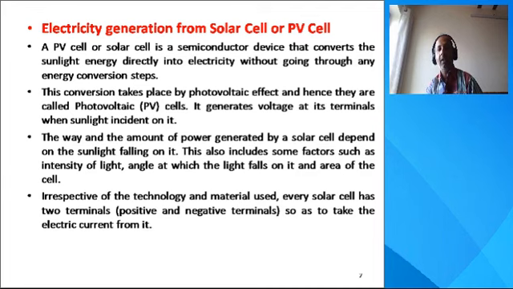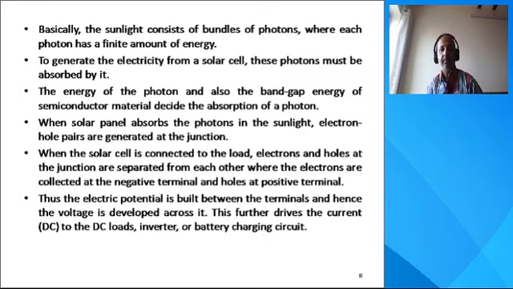One is positive terminal, other is negative terminal, so as to take electric current from it. Basically, the sunlight consists of the bundle of photons, where each photon has finite amount of energy. To generate electricity from solar cell, these photons must be absorbed by the solar cell. The energy of photon and also the band gap energy of semiconductor material decide the absorption of the photon.